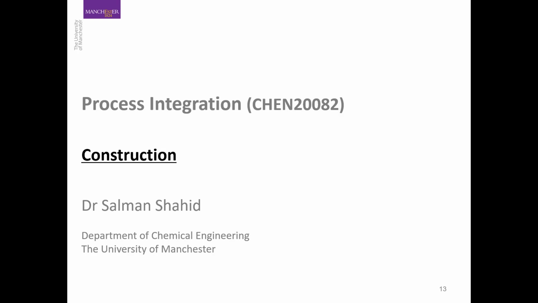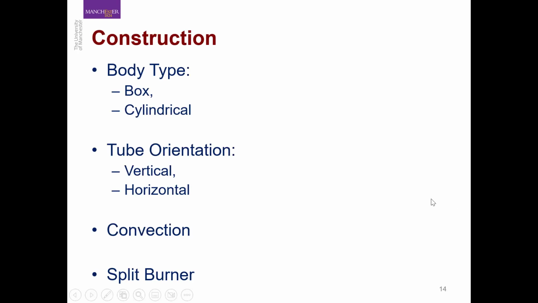So in today's part, we are going to mainly talk about different aspects of construction. Okay, so when we are talking about construction, we will look at different body types. For example, if you have a box furnace or a cylindrical furnace, what kind of tube orientation do you have inside the furnace, are the tubes running vertical or horizontal.